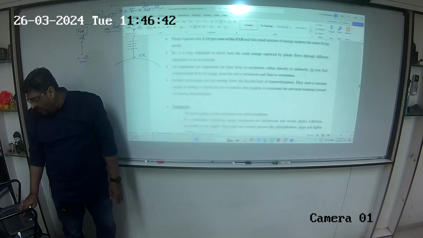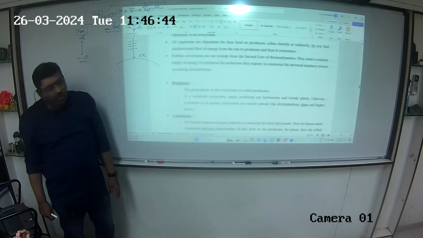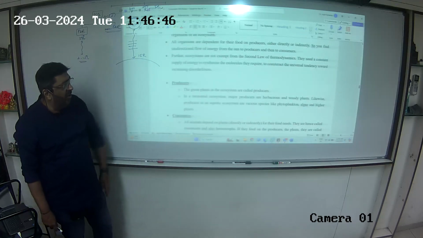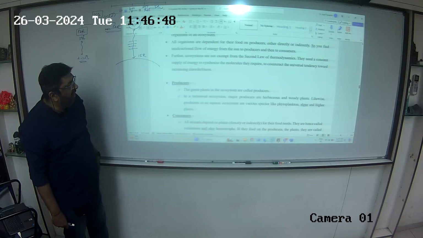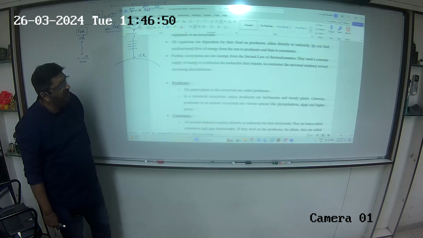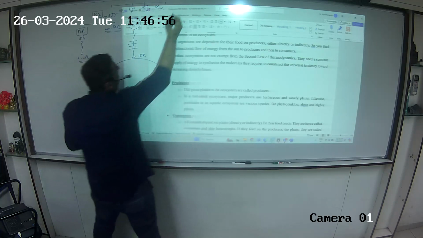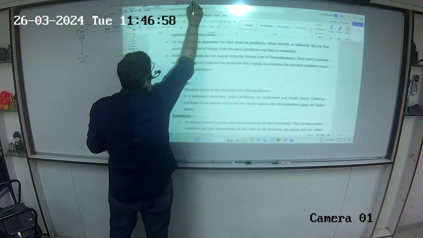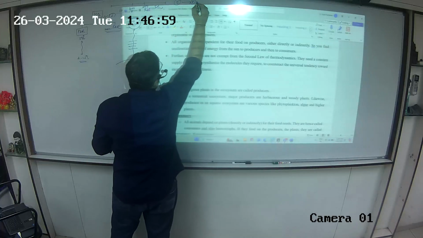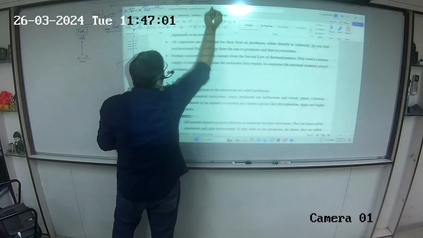All organisms are dependent for their food on producers, directly or indirectly. So you find a unidirectional flow of energy from the sun to the producers and then to consumers. Sun to the producers and to the consumers.